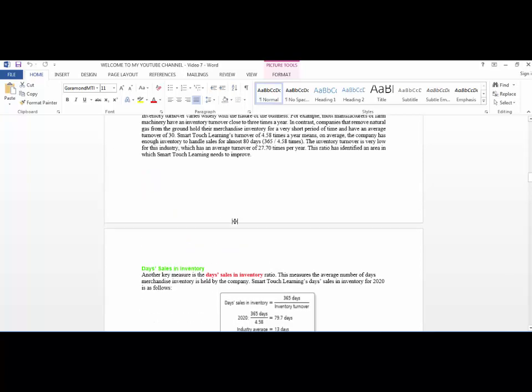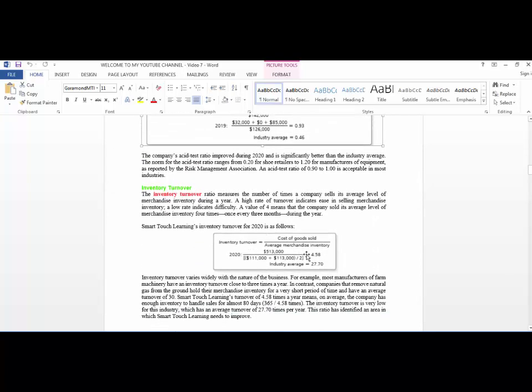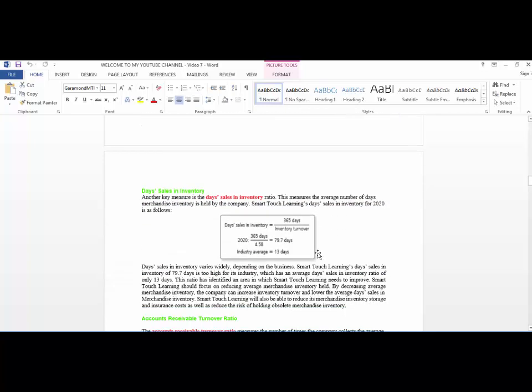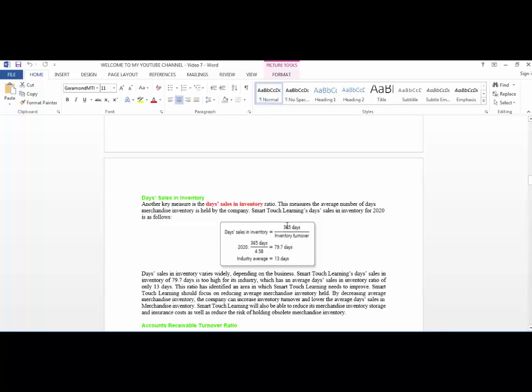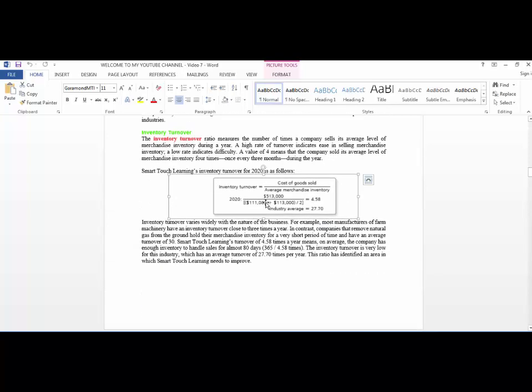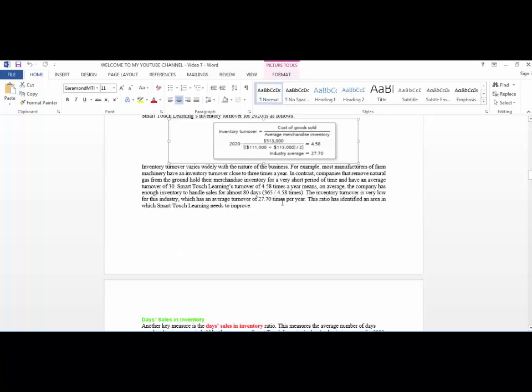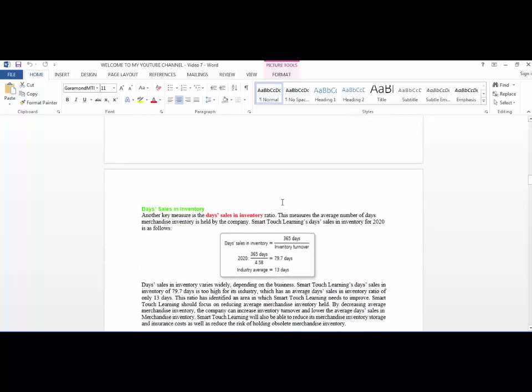We get it from the previous ratio, inventory turnover, where the ratio is 4.58. So we put the value of 4.58 here. Then in 2020 the ratio is 79.7 days. Again, we didn't take the value from 2019 because for the inventory turnover ratio we have already taken an average of both years. That's why we include only 2020 data.